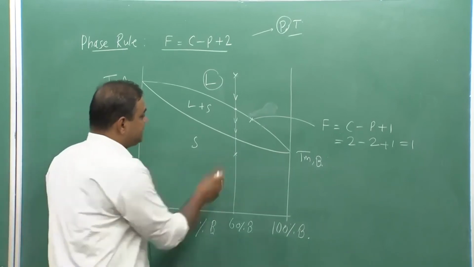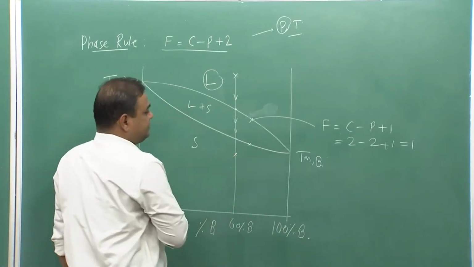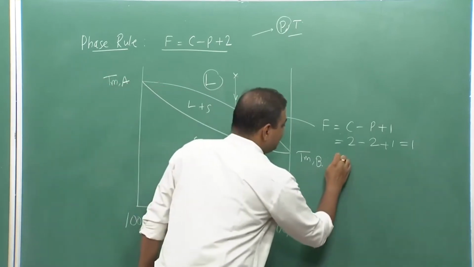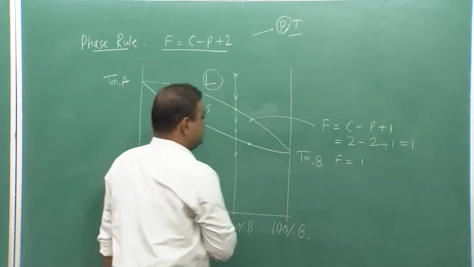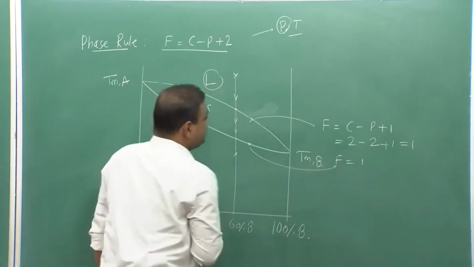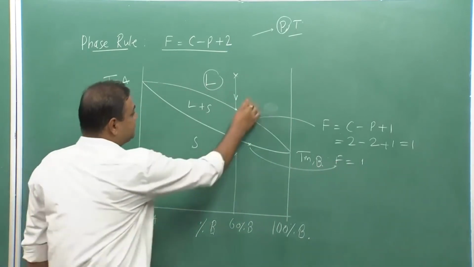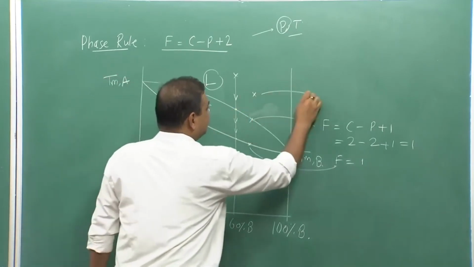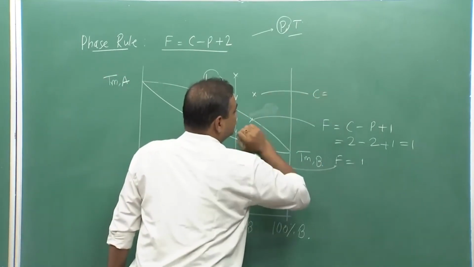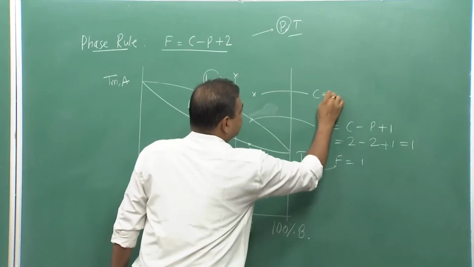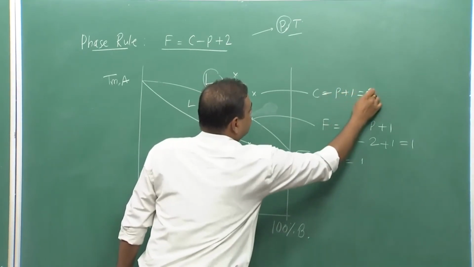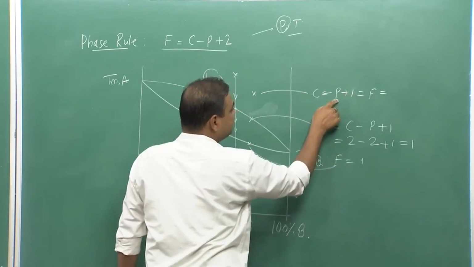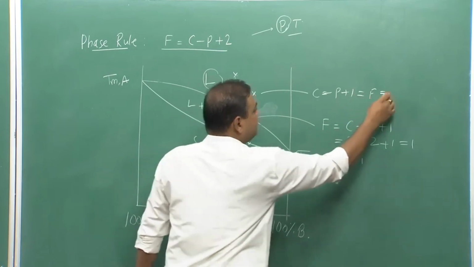Now, similarly, if I try to see the degrees of freedom here, again you will find that it would be 1. Now, if I try to see the degrees of freedom at this place, F equals C minus P plus 1, where C is 2 and P is 1, so F is 2.